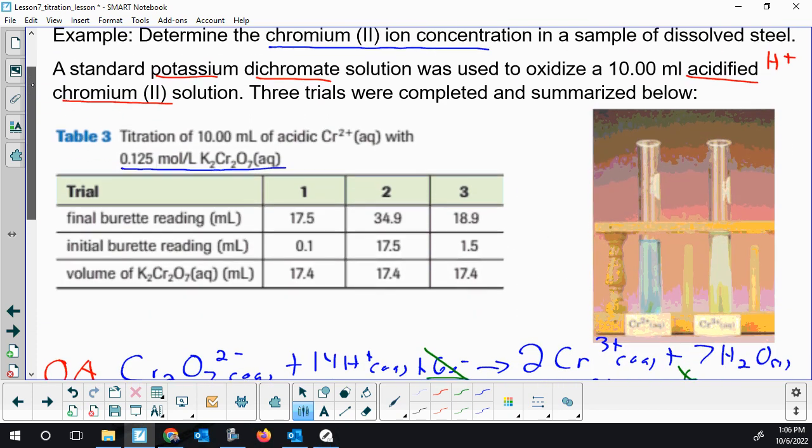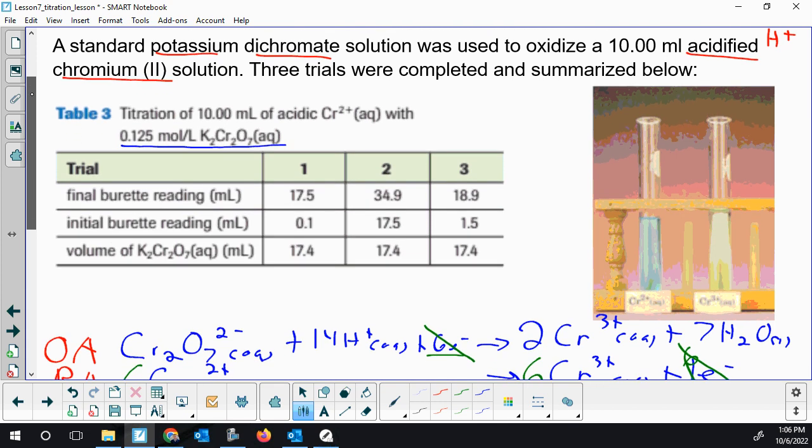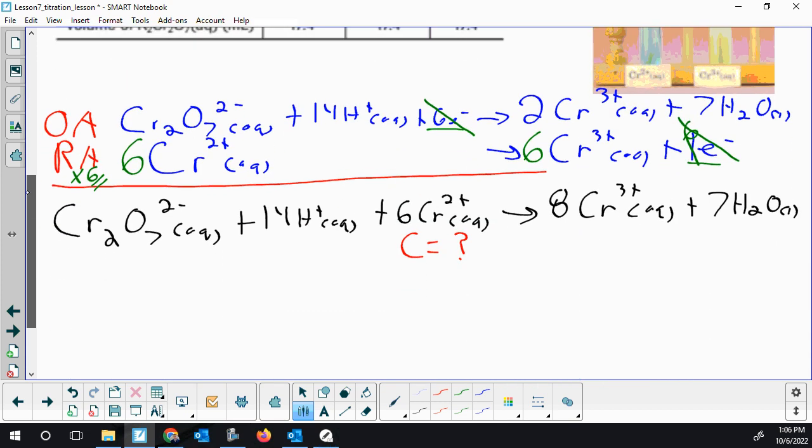Standard potassium dichromate was used to oxidize 10 mils of acidified chromium solution. So look, here's our chromium solution, and this was 10 mils, and it's been acidified. The acid was actually added in with the chromium ions.